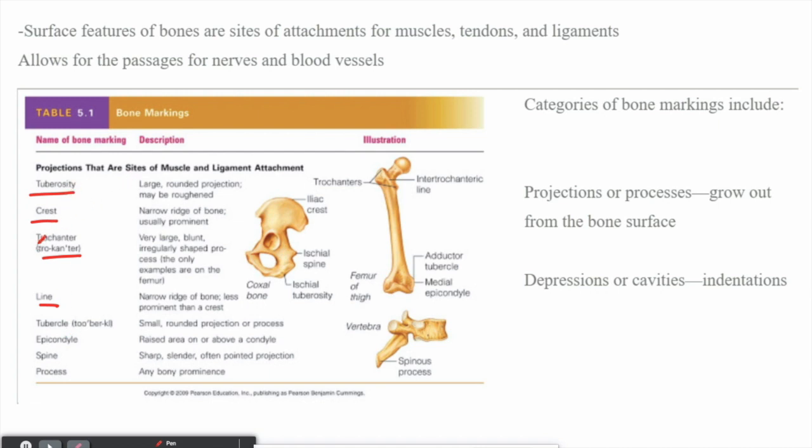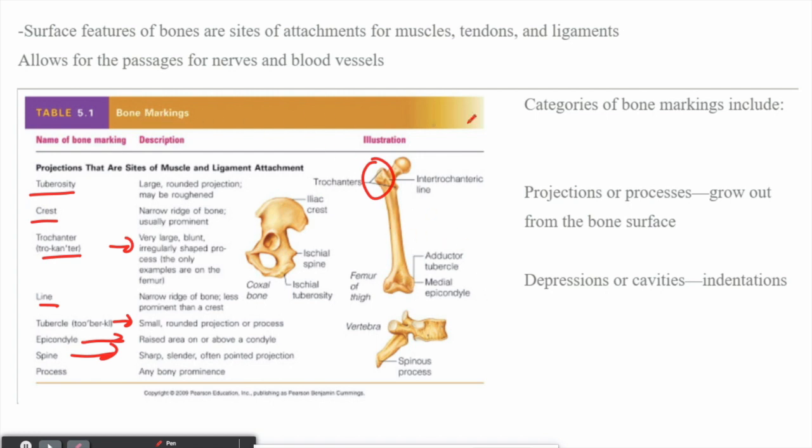Okay, so tuberosities, crests, trochanters, their definitions here, they give you examples of each one of these. I'm going to go through these as we go through each bone, right? So if I pull up the femur when we're going through the bones, and I say I want you to know the trochanter, that's when I'll talk about trochanter. I don't want to waste the time doing it now. I'll do it when we go through the actual bones.